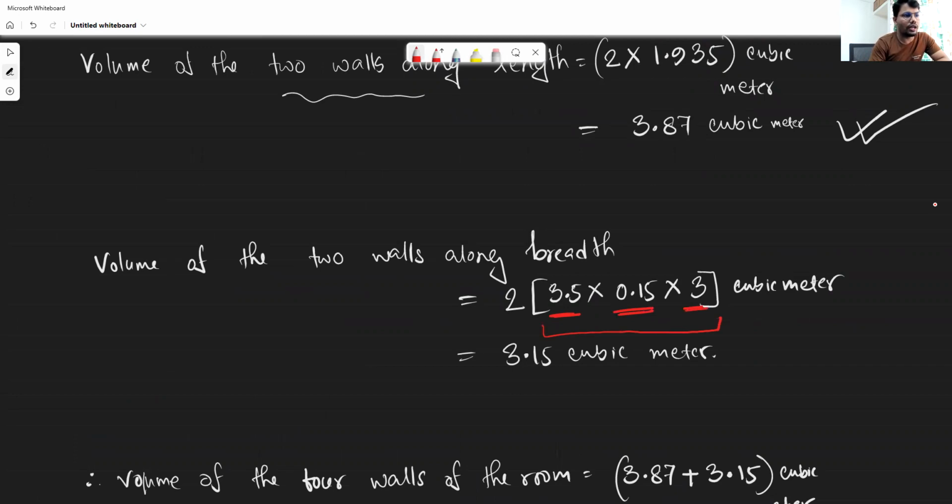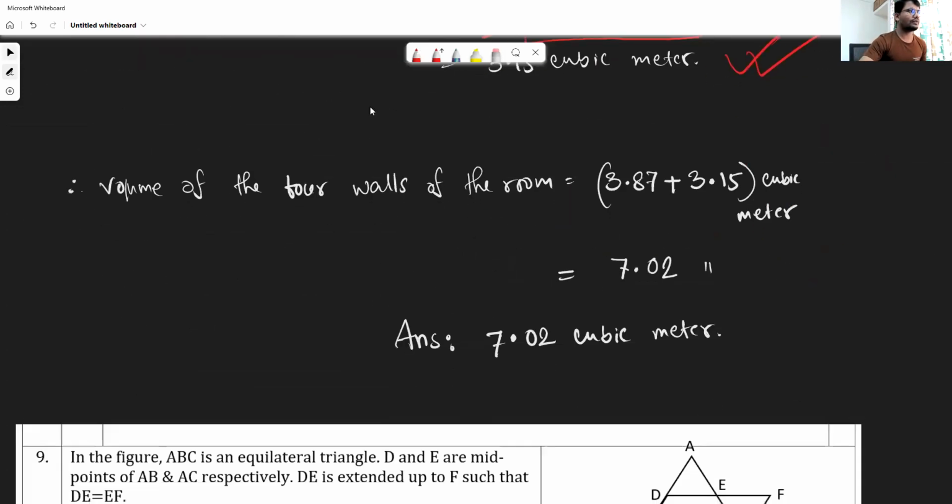There are two side walls, so we directly multiply by 2. The question requires the volume of the 4 walls. Along the length 2 walls are done, and along the breadth 2 walls are also done. Adding the total volume, you will get 7.02 cubic meter, and this is the answer, the volume of the walls.